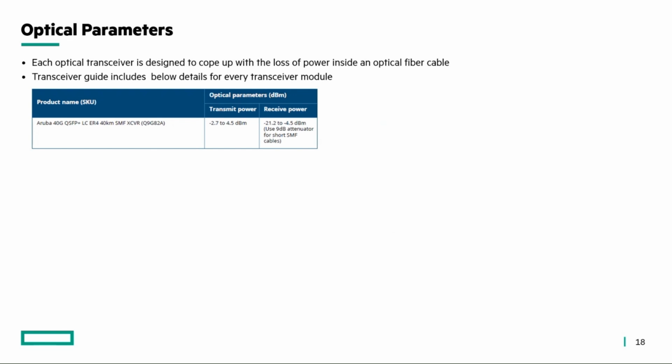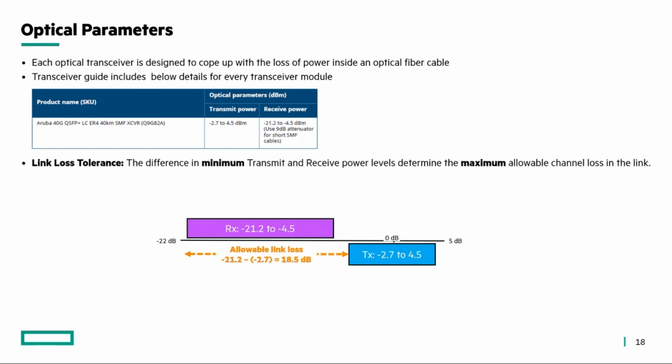In the transceiver guide, you might have seen these details included for every transceiver module in a section named optical parameters. It mentions two basic properties, transmit power and receive power, with certain values. Now, what does it mean for your interconnect, and how can you benefit from these values?